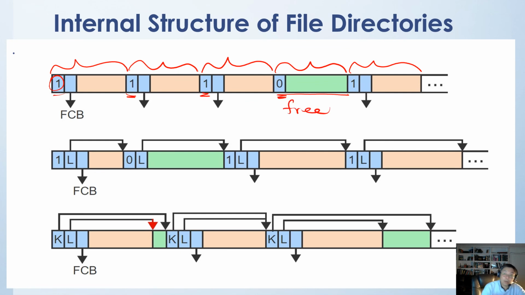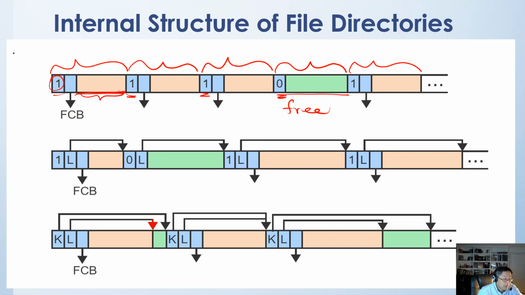So it's pretty simple. Finding, freeing, or allocating an entry is simple, because all have the same size. The main drawback is all file names have a maximum length. You cannot have a file name longer than the space can provide.